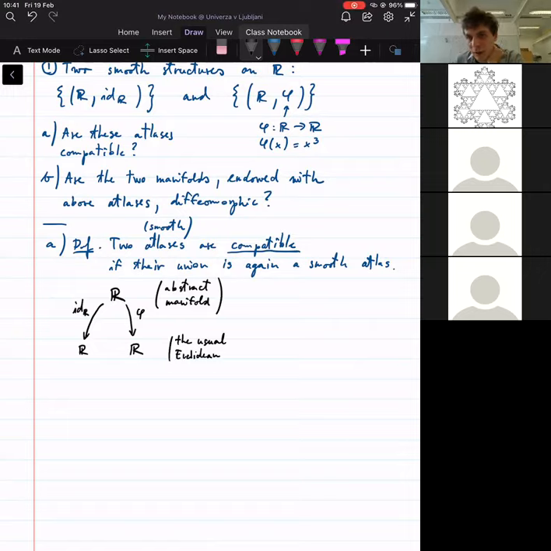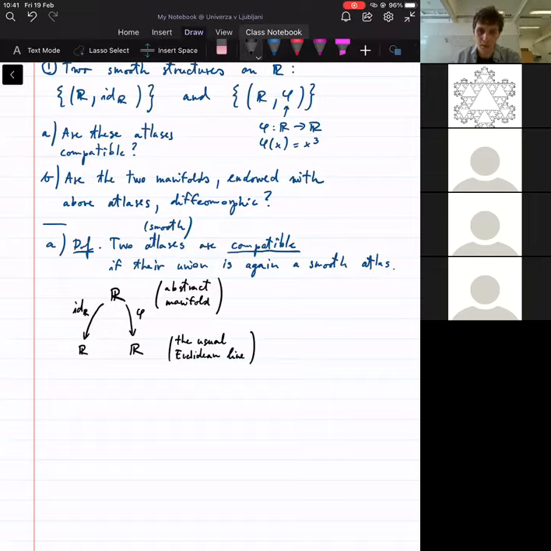Every point has to have a neighborhood chart. I see. And also the same set can have multiple charts, right? Yes, of course. You can have overlapping charts. That's not really a problem.